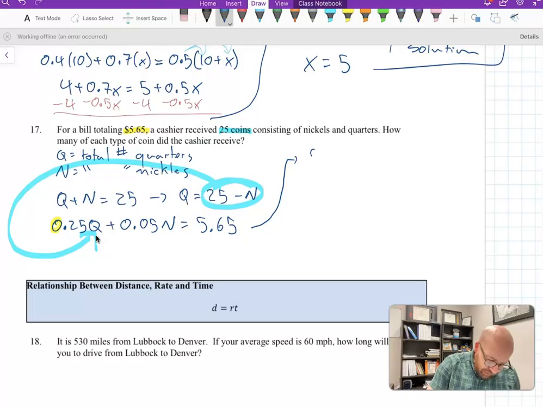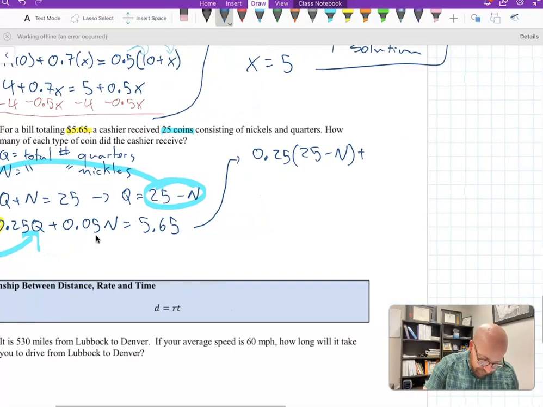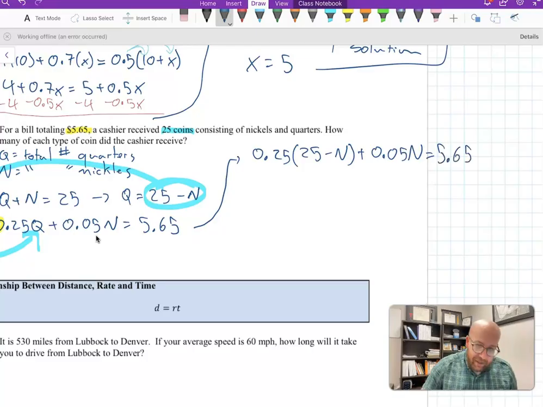You now have 0.25 times 25 minus N plus 0.05 times N is equal to 5.65. And now we have one equation with one type of variable. The only variable that we have is the variable N, and we can solve this equation for N.